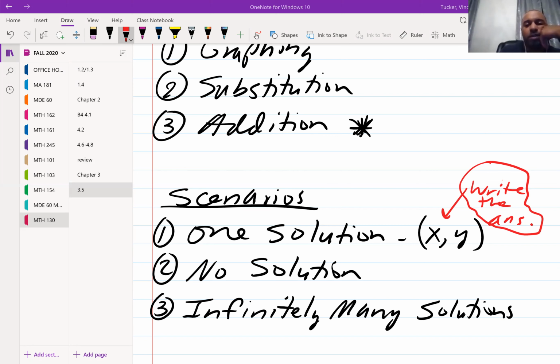Okay. All I see is graphing and substitution, so we'll just look at those two methods.